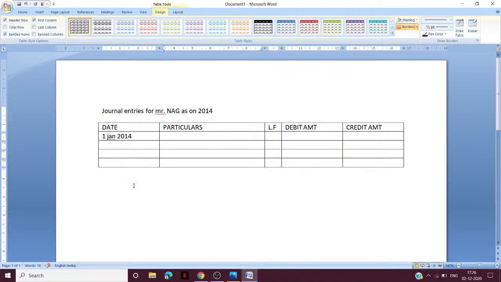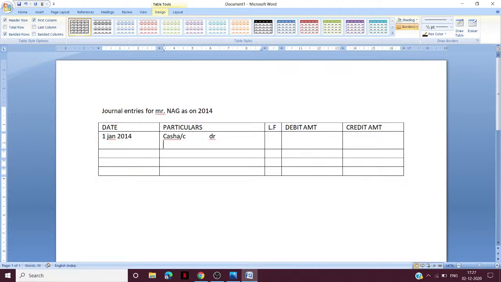So the first transaction will be cash account debit to capital account credit.